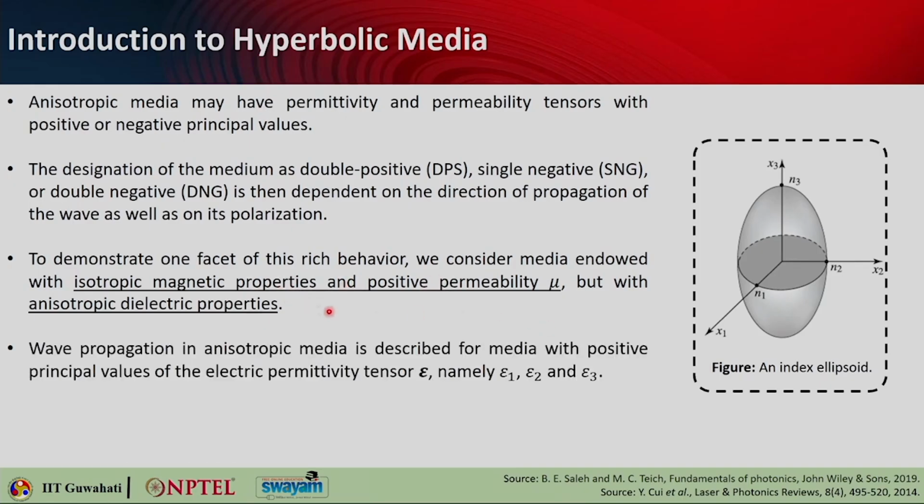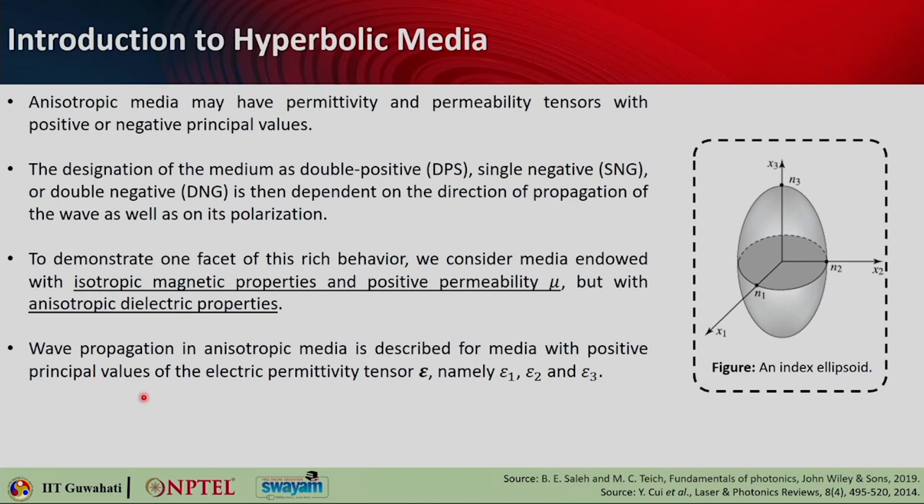So, one more time we are considering mu to be isotropic and positive. We are just keeping it fixed and the same throughout, but then epsilon is anisotropic.